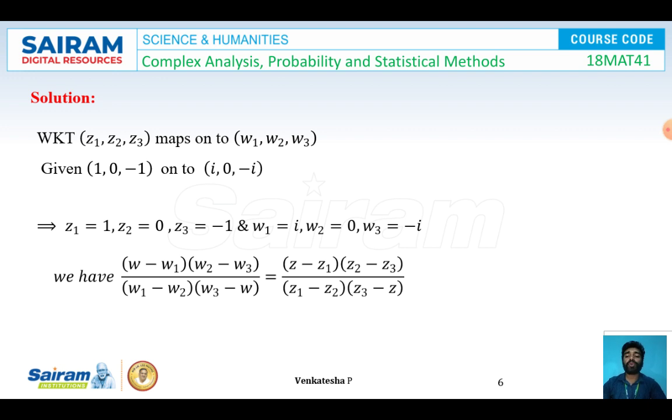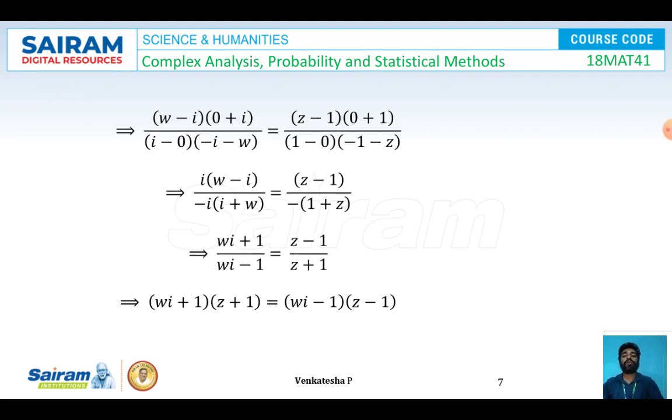Now I am going to replace Z1 = 1, Z2 = 0, Z3 = -1 and W1 = i, W2 = 0, W3 = -i in this equation. After replacing, I got the equation: (W - i)(0 + i) divided by (i - 0)(-i - W) is equal to (Z - 1)(0 + 1) divided by (1 - 0)(-1 - Z).